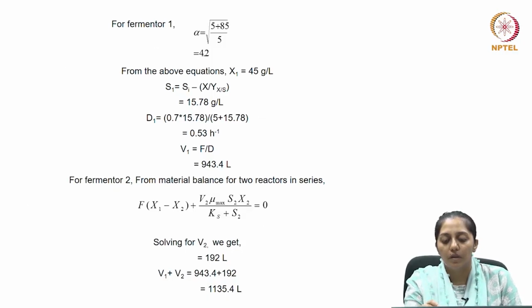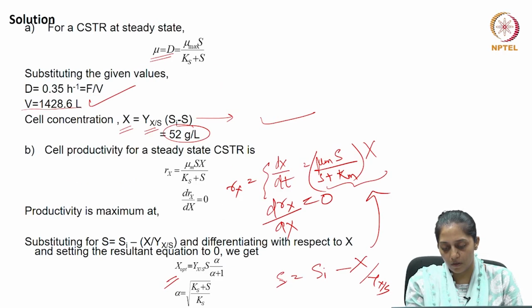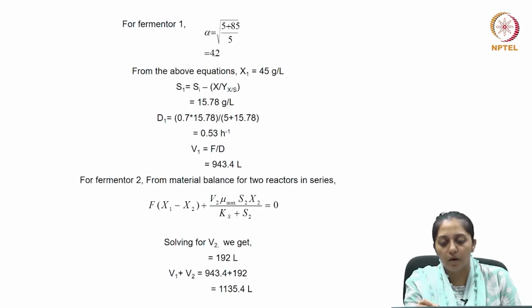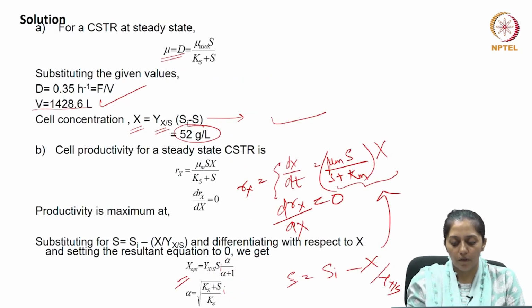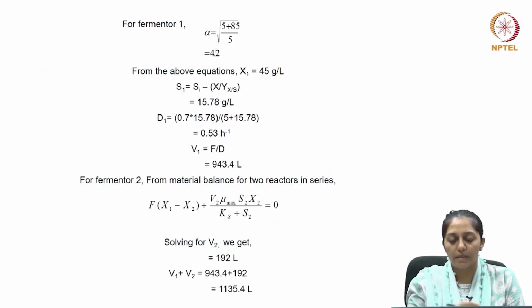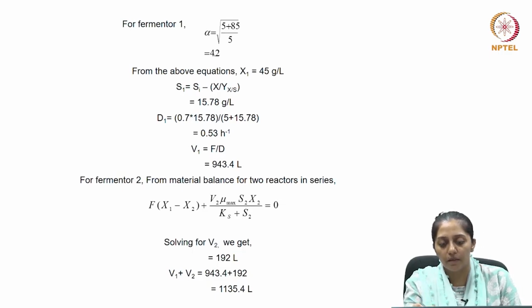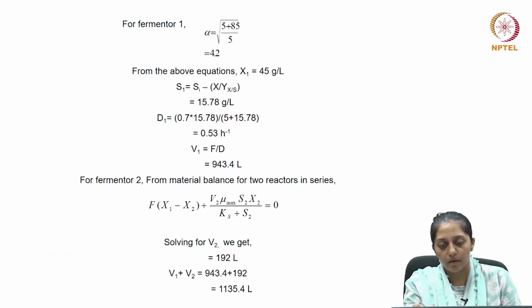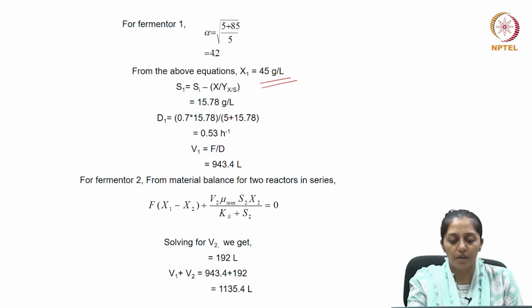So, the residual substrate concentration is known and the value of Ks is also known. So, we will now find out the value of alpha. Once alpha is known, we can find the value of x for the maximum productivity. We determine the value of residual substrate concentration using the biomass.